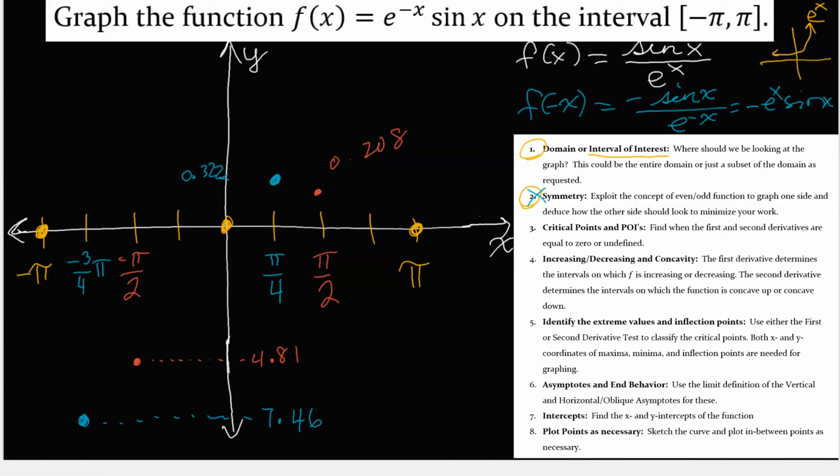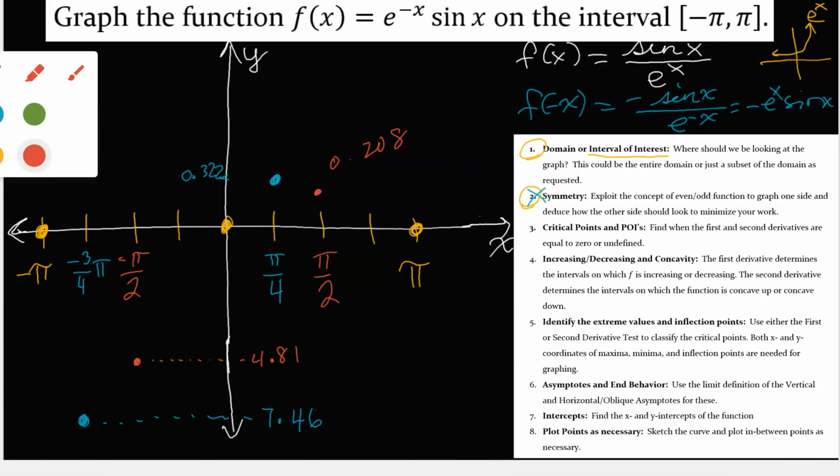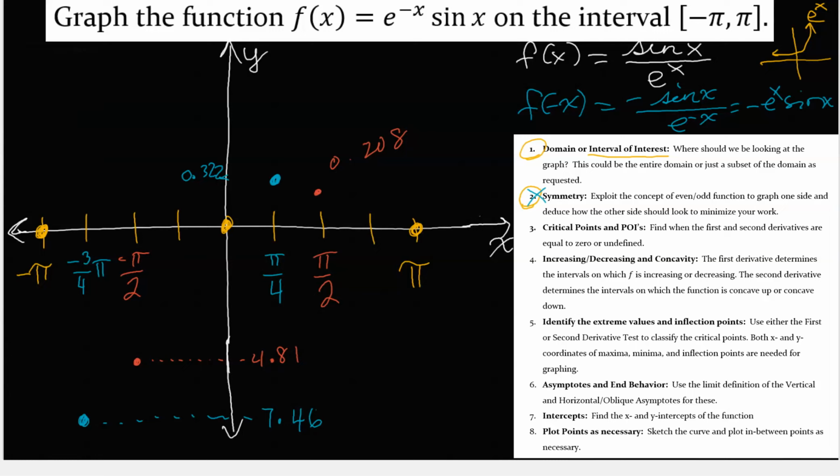Now, if you put the two charts together, we would see that your function is, first of all, decreasing, right? Decreasing from negative pi to negative 3 pi over 4. So that actually is decreasing and concave up in this interval.